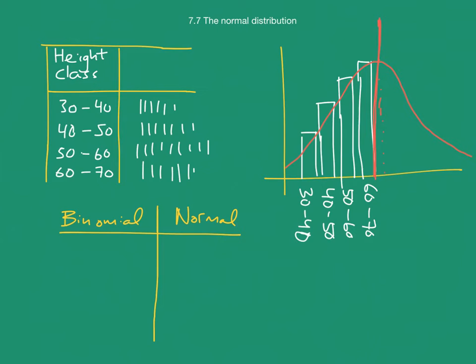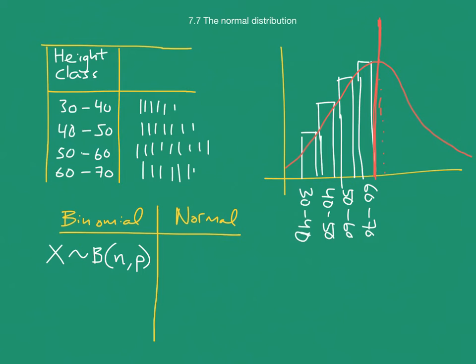We could set up very simply how the differences are when it comes to how we model these distributions. So a binomial distribution, remember we have our random variable, we can call it whatever we want, but it's distributed binomially with the parameters n and p, where n is the number of trials and p is the probability for each trial.